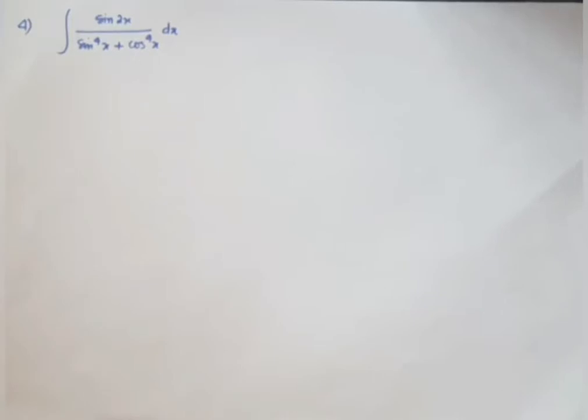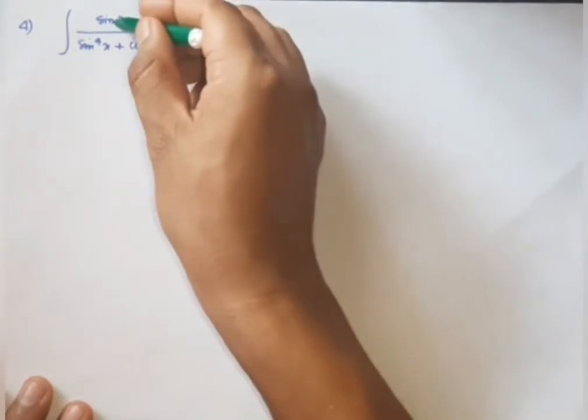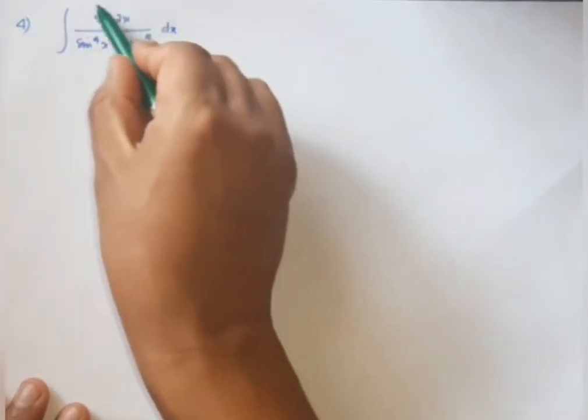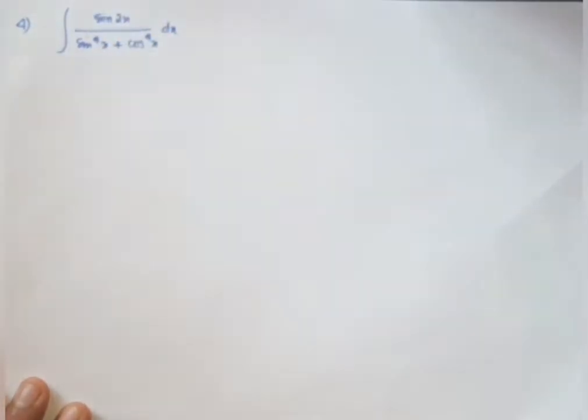Okay, let's see this particular question. So here as well we have to do some substitution. Now we have to do the substitution in such a way that sine 2x dx will be written as something like dt or du. So if I take the substitution to be t, then I will get dt instead of sine 2x dx.